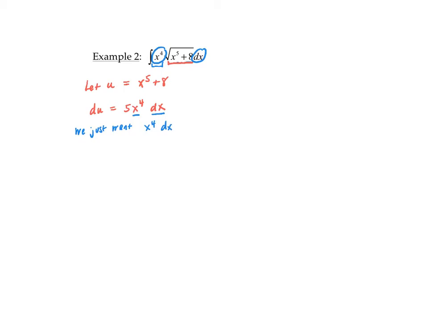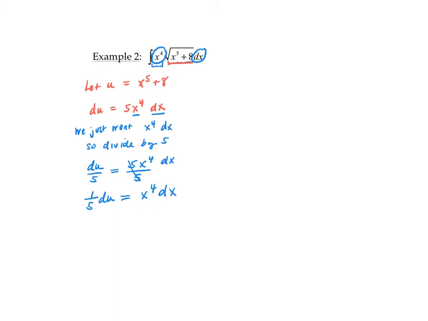So what we're going to do is divide by 5. So we're going to write du divided by 5 equals 5x to the 4th dx divided by 5. So we're going to write it as 1/5 du equals x to the 4th dx.